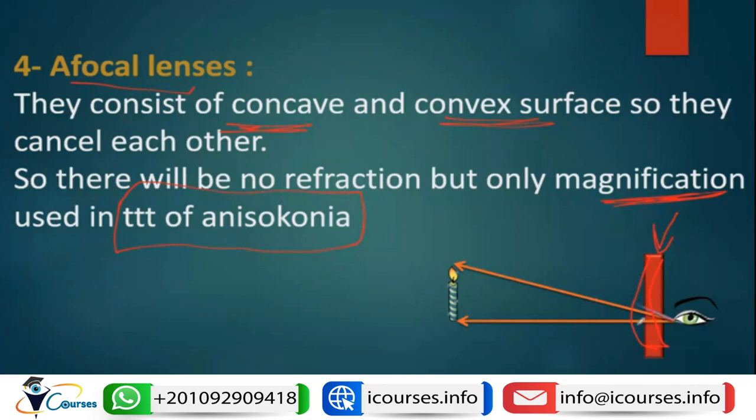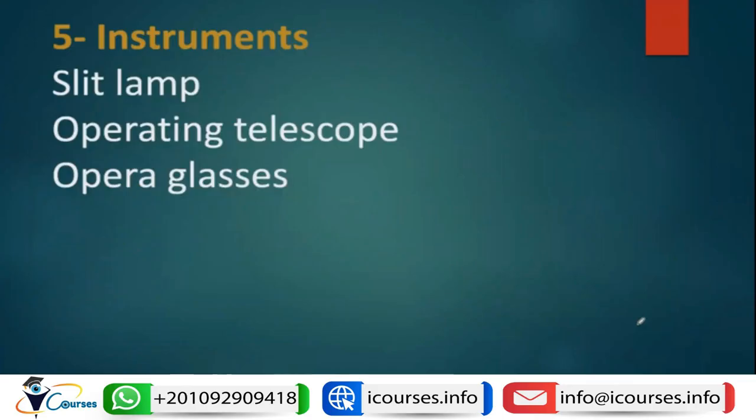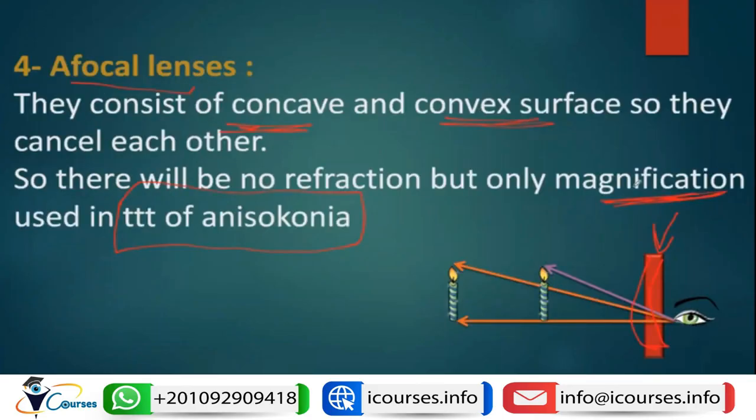This parallel plate of glass will cause increase of the angle subtended at the eye, so it will cause increasing magnification without actual change in the refraction. So the afocal lenses can be explained by the theory of having a plus lens and a minus lens, so that they can be also an example of the Galilean telescope.